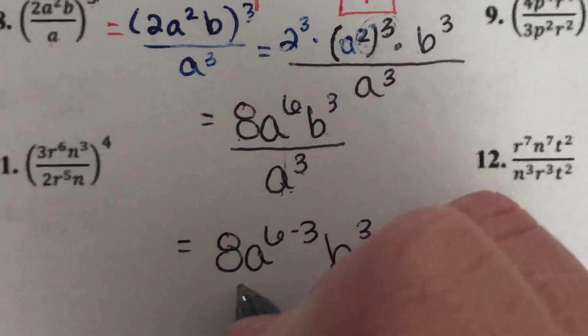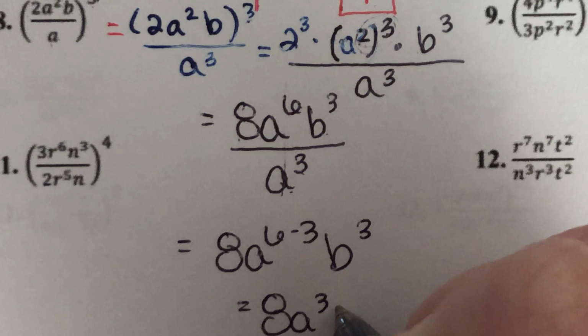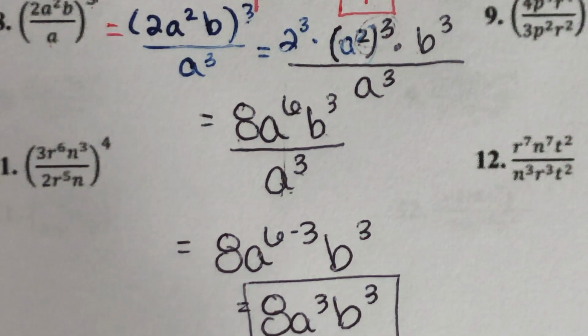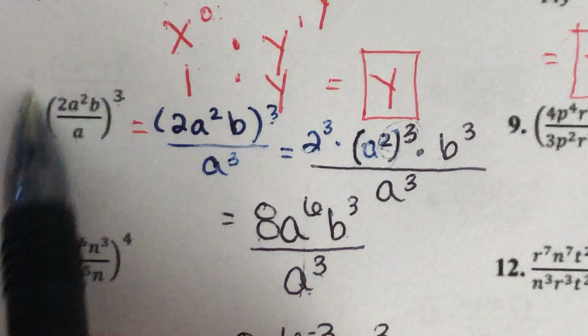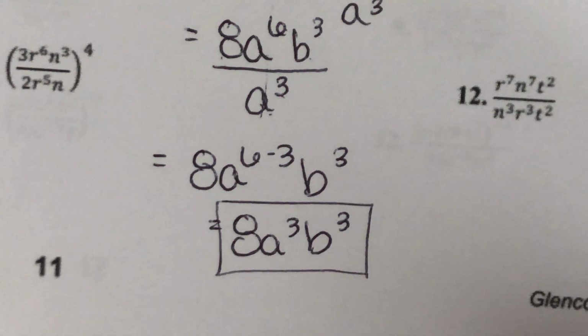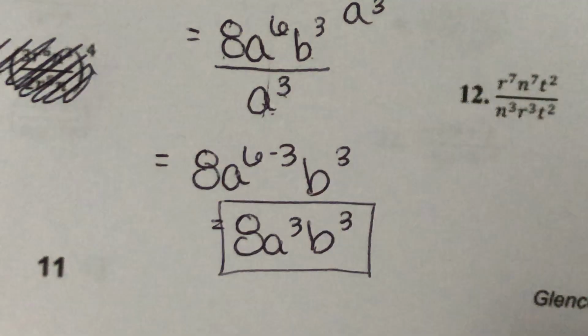And 6 minus 3 is, of course, 3. So my answer is 8 times a to the third times b to the third. Just keep simplifying, don't stop. Because this up here looks way different than this down here. But we did have to go through all those properties. I'm going to skip number 11 here so we don't run into the same work.